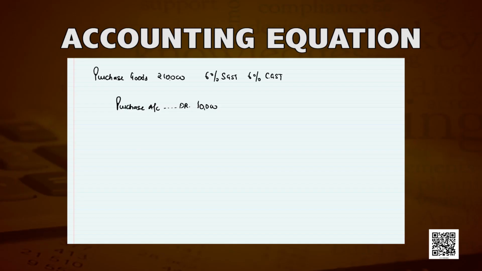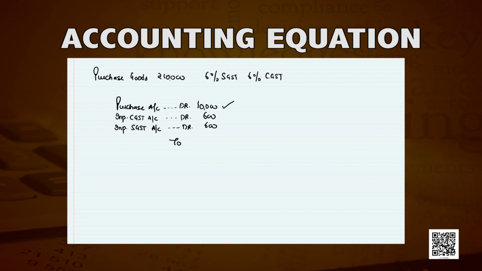If purchase account is debited, GST is also debited, if the question is of GST. With purchase there will be input CGST and input SGST, 6% of the face value, 600, 600.